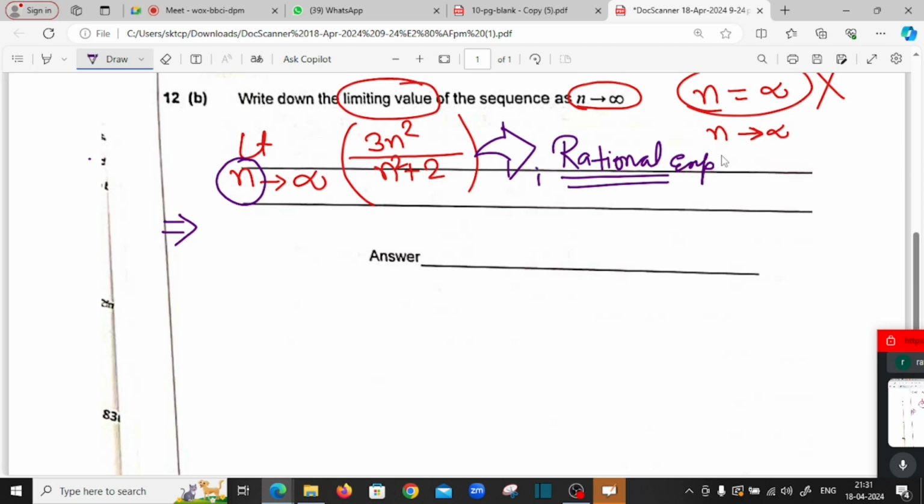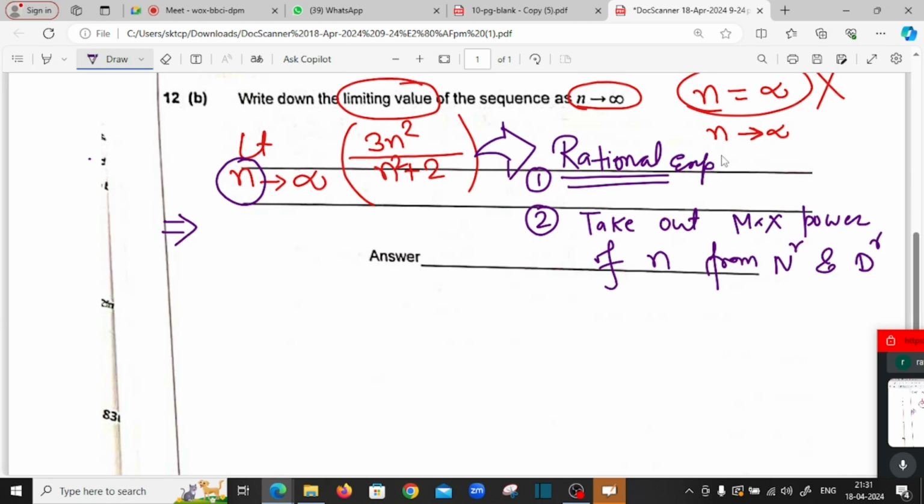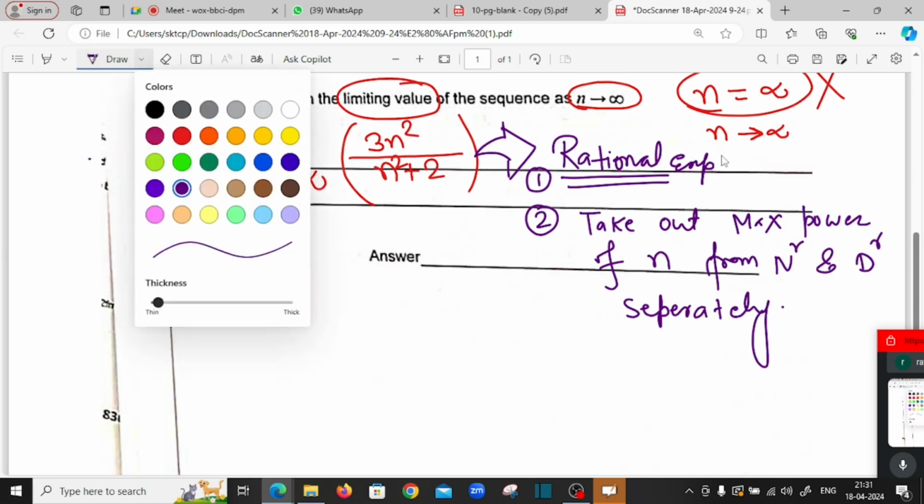So what we have to do is take out the maximum power of n from numerator and denominator separately.